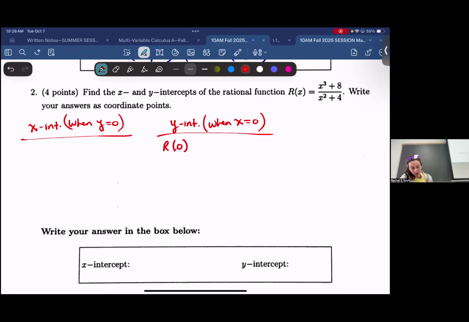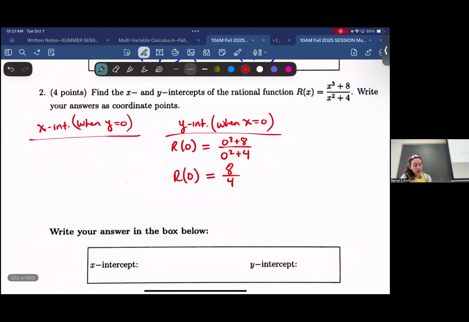So our r of 0 is just 0 cubed plus 8 divided by 0 squared plus 4. The zeros essentially disappear, so we're just looking at 8 over 4, which tells us that our y-intercept is 2, but they ask us to put it into coordinate form. So that is just 0, 2.